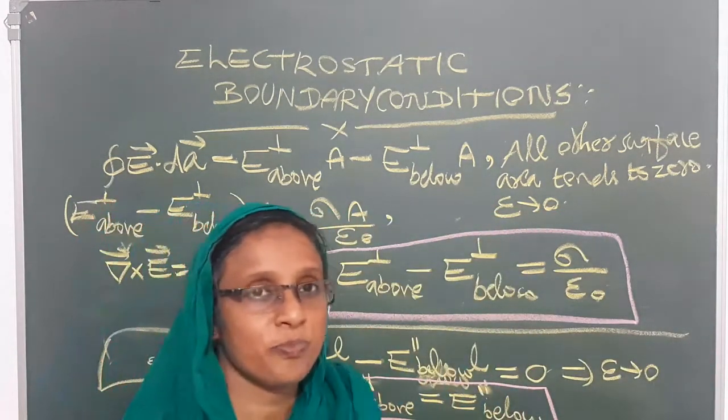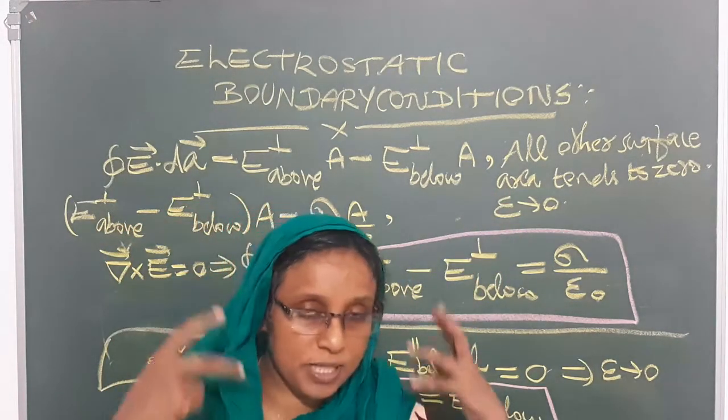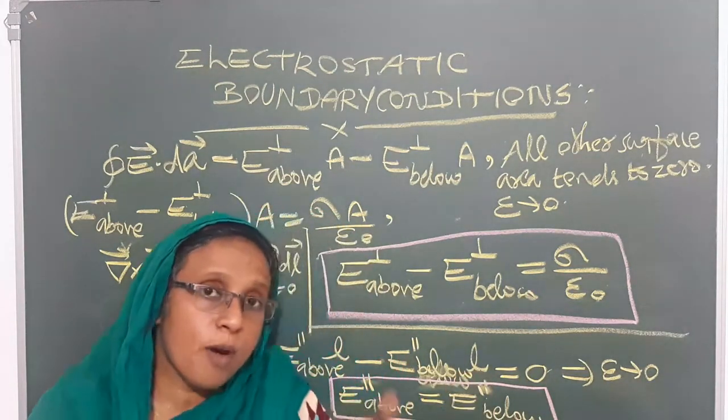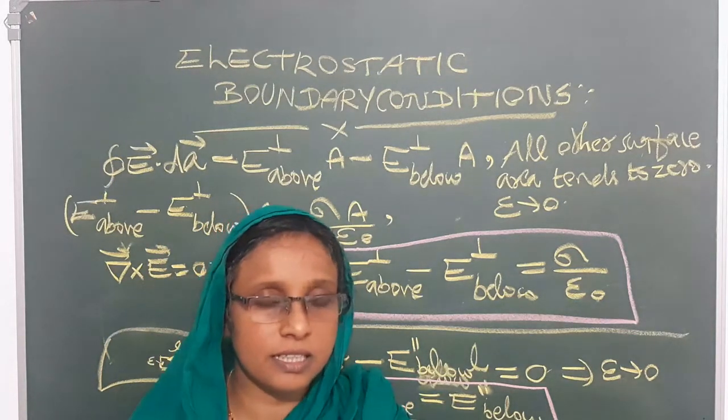So using the two laws of electric field, that means the divergence and curl, we can deduce the boundary conditions for electric field. Is it clear?